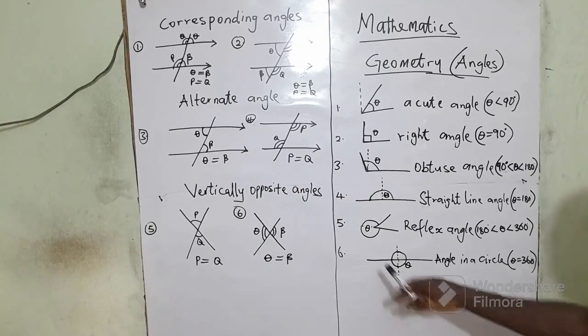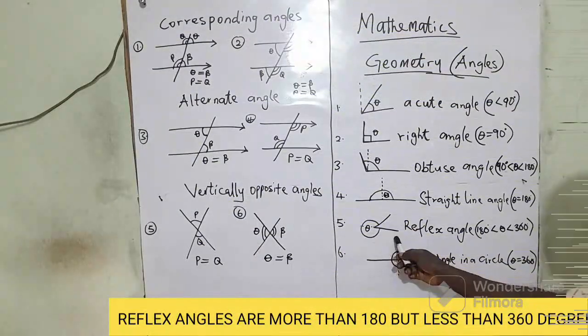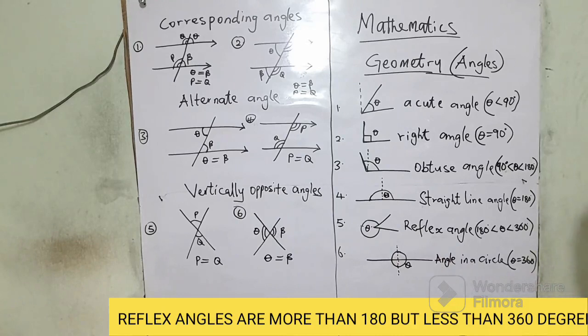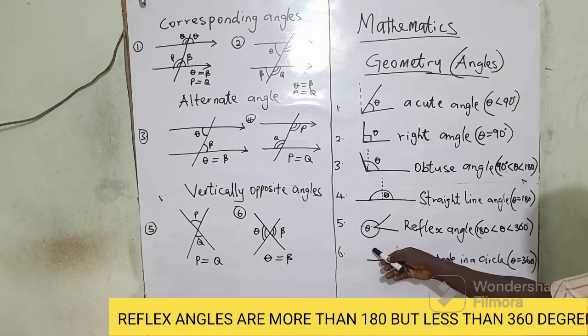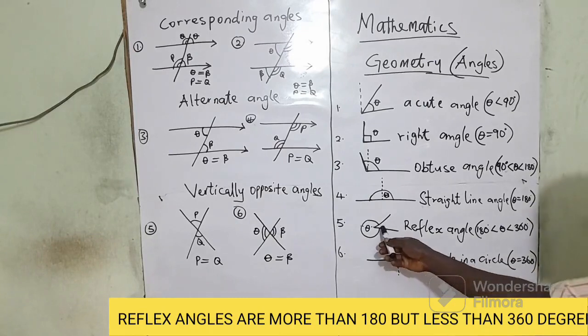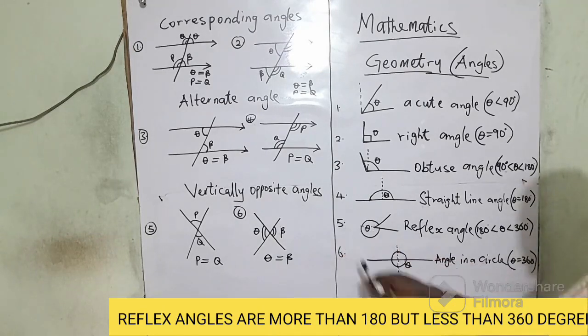In number 5, we can see that the angle is like an acute angle here, but we are not taking the interior part of the acute. Instead, we are taking the outside part of it. The outside is not acute but reflex. If we stretch the horizontal line here, it is going to be what? 180 degrees.